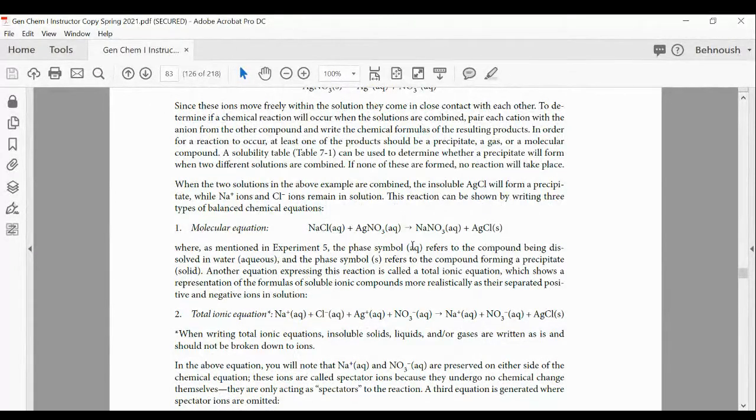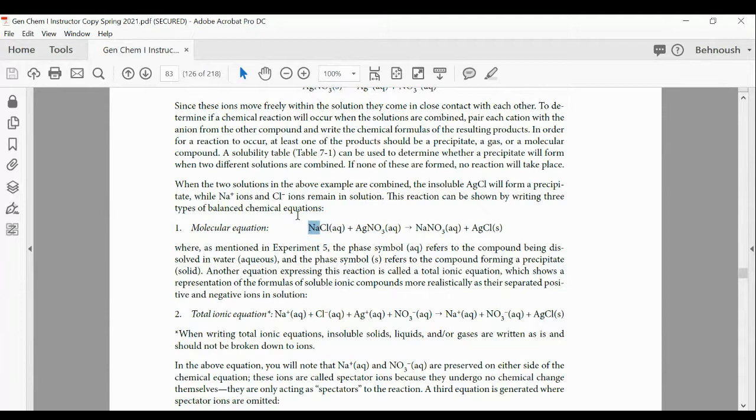When you do double displacement, this is an exchanging, metathesis reaction, or exchanging partners. The metal from the first compound goes with the non-metal from the second compound, so you're going to have sodium with nitrate, and the metal from the second compound goes with the non-metal from the first compound. So you will have sodium nitrate and silver chloride.